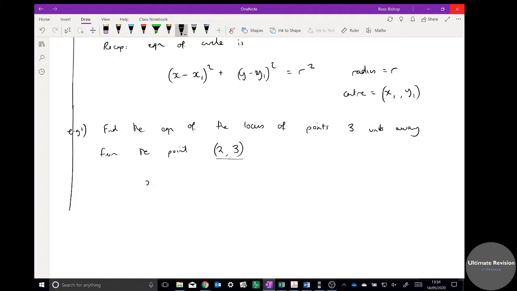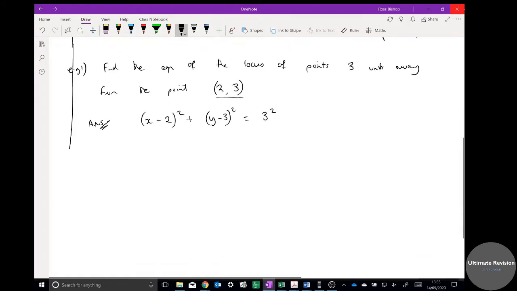So my actual answer would be (x minus 2) squared plus (y minus 3) squared equals the radius squared, which is 9. That would be my answer. Right, that's in the real mode.